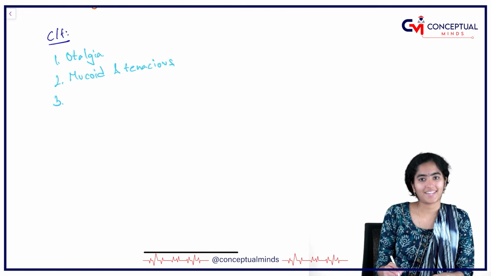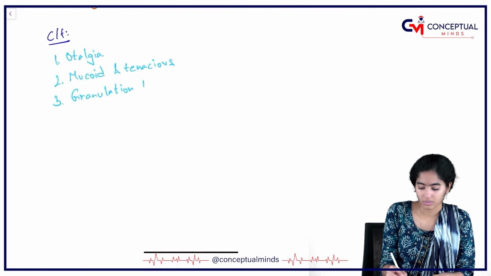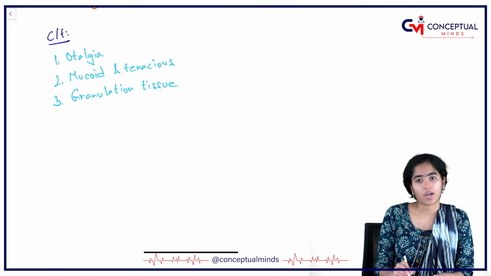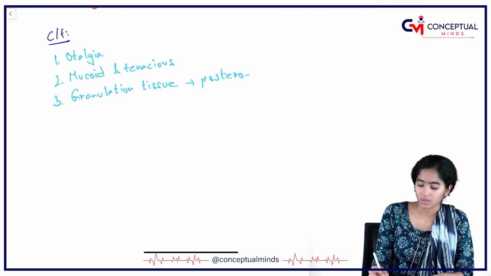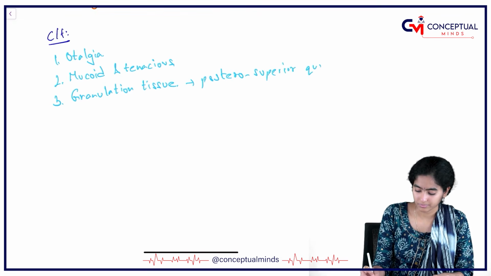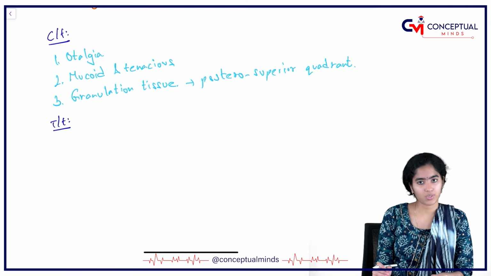And also upon examination we will find granulation tissue. Granulation tissue is found, and this also mostly in the posterior-superior quadrant.